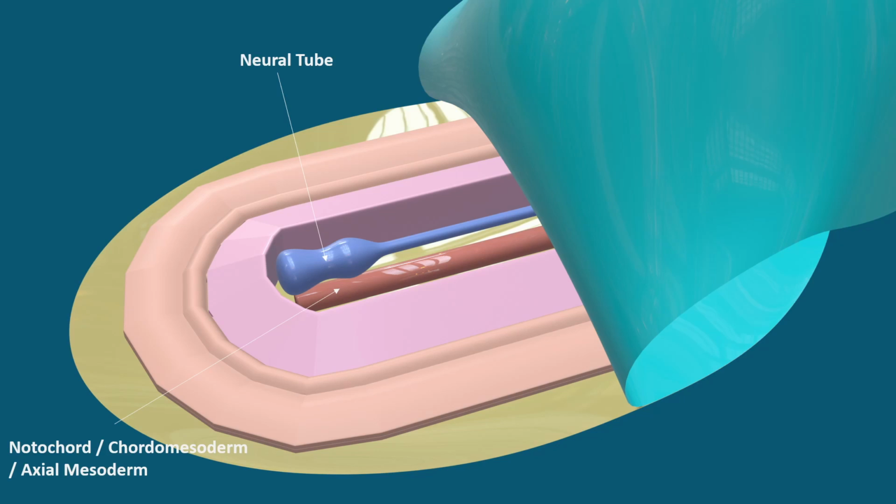Now the part of mesoderm that is running just parallel to this notochord or axial mesoderm is called paraxial mesoderm. It is running parallel to axial mesoderm, that is why it is called paraxial mesoderm. And of course it's a paired structure and it runs from cranial to caudal direction.